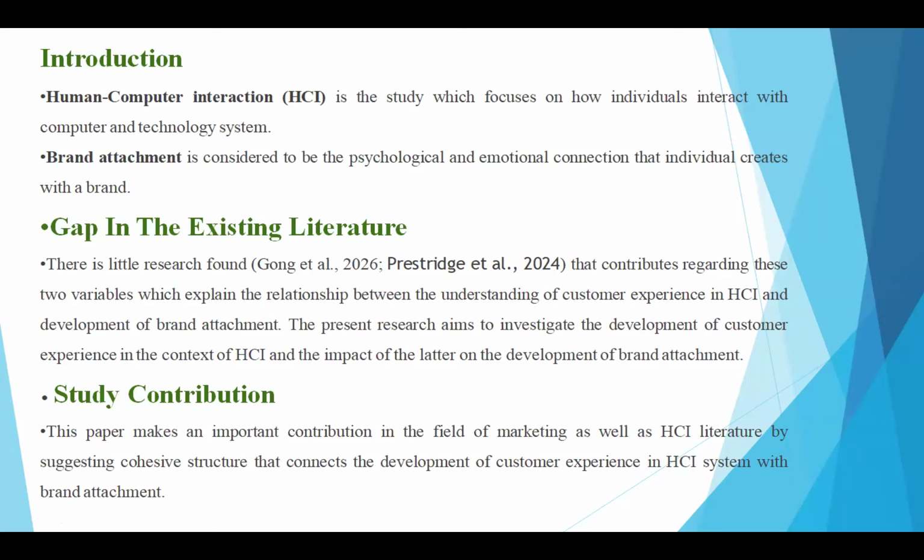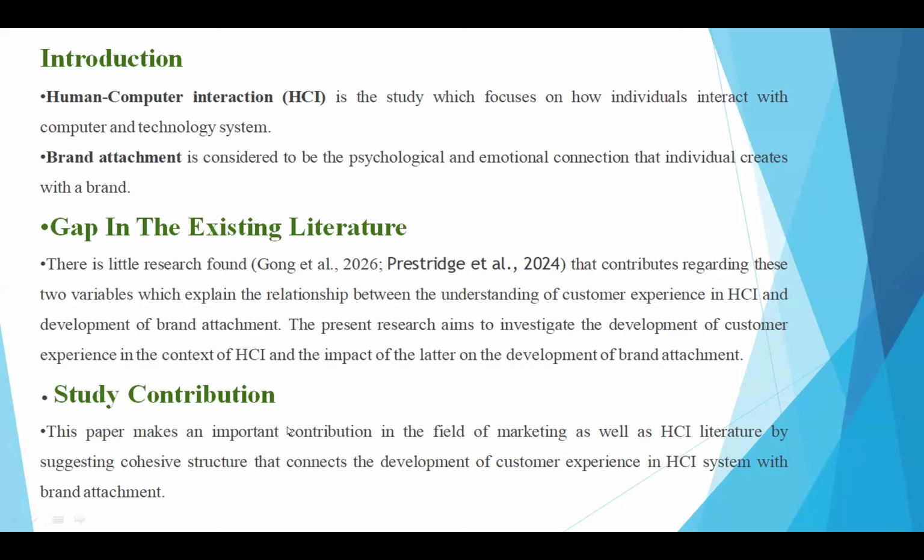There is little research that explains the relationship between the understanding of customer experience in human-computer interaction and the development of brand attachment.